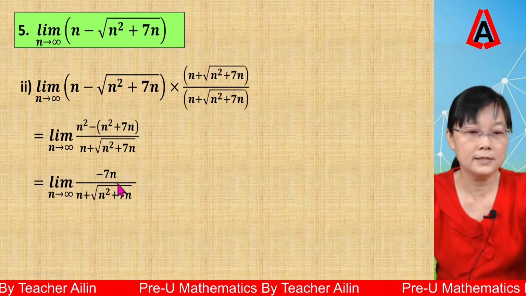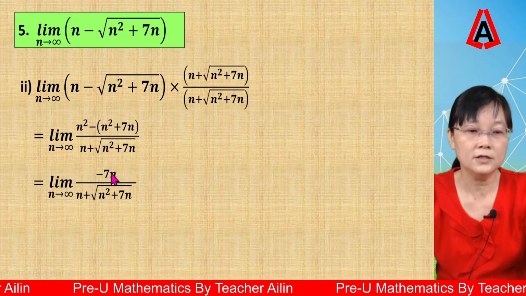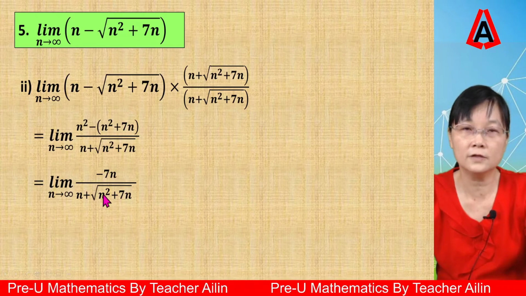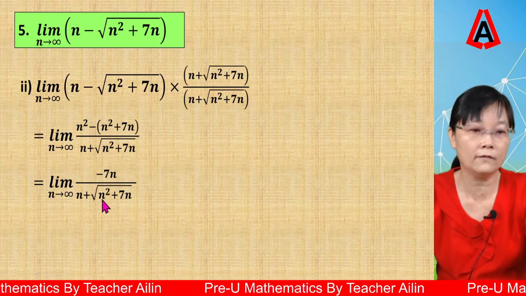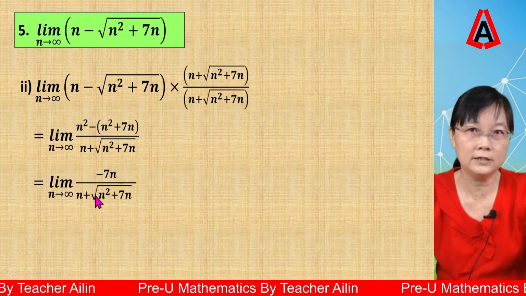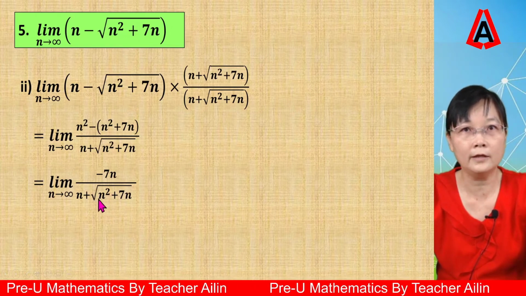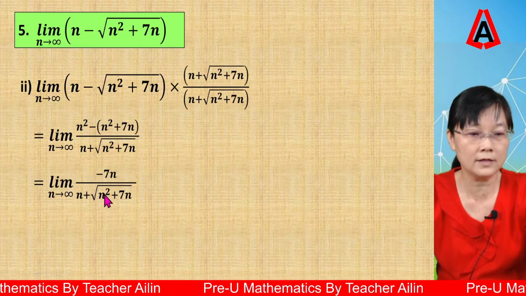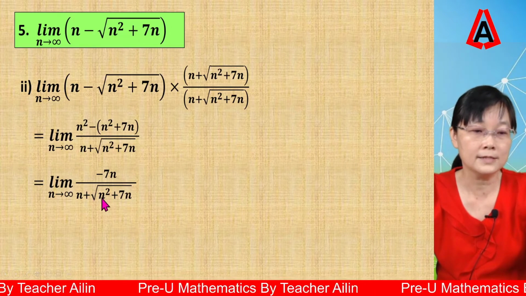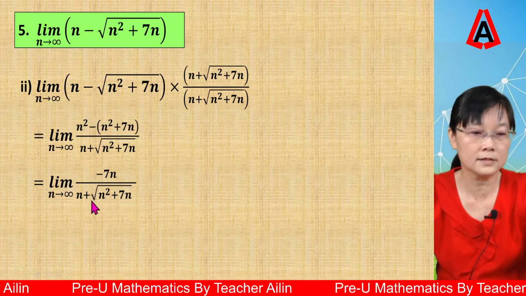Okay, now I decide to divide each term in this function with the highest power of n of the denominator. Notice that the highest power of n of the denominator is not n power 2 because n power 2 is under the square root.